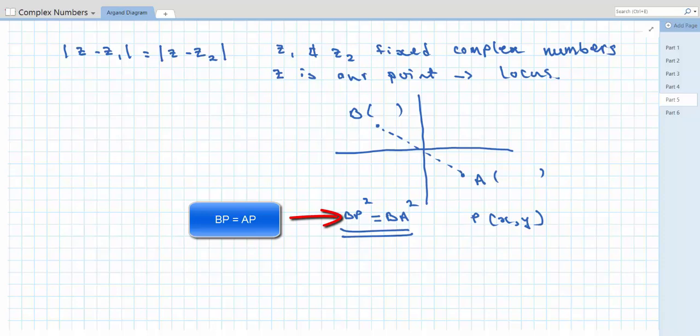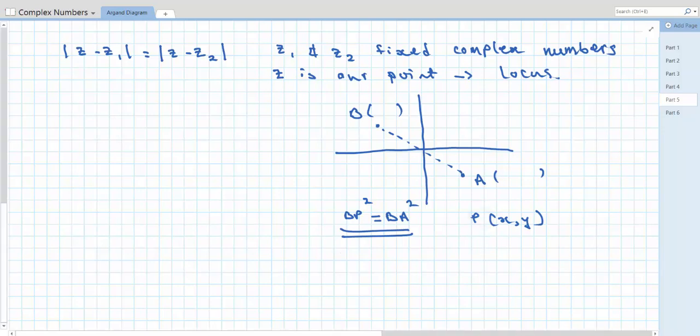So we apply exactly the same method here, and you end up with a perpendicular bisector of AB, or in this case, A and B would represent the vectors z1, z2, and P would represent the vector z.